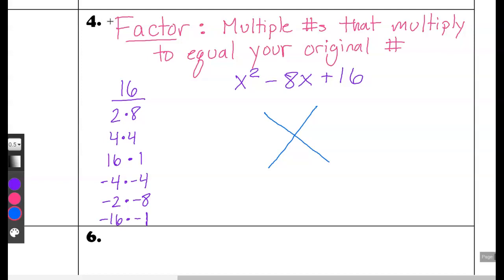Now, if I say A and C, do you guys know what A, B, and C are in comparison to a quadratic? Where's the A? The A is in front of which term? The x squared. The A is the number in front of the x squared. The b is the number in front of what?